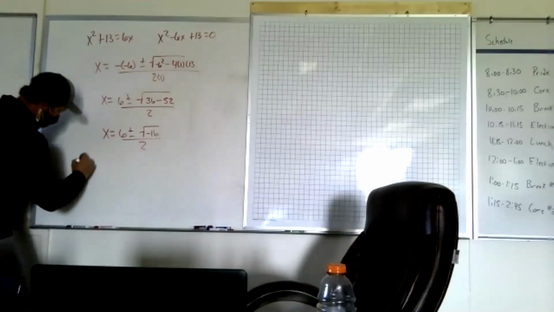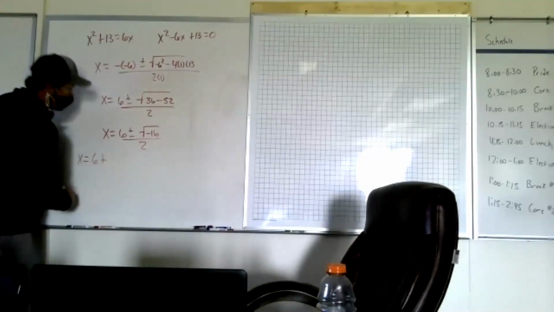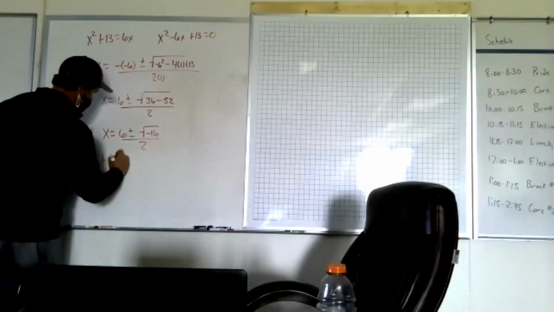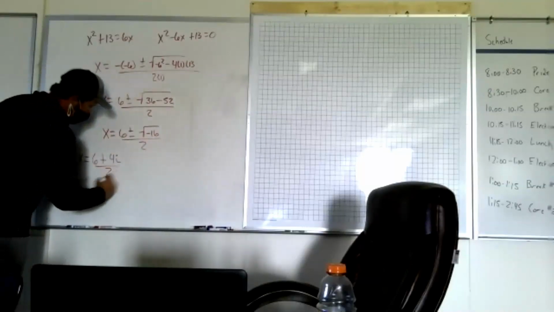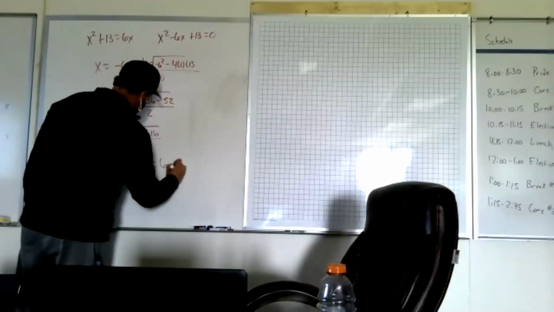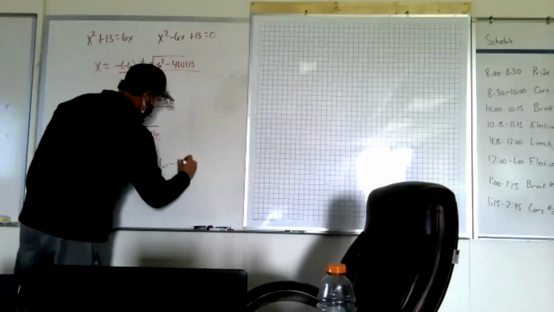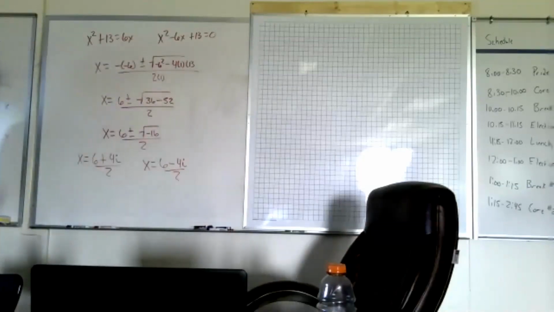So split it. x is equal to 6 plus 4i, the square root of negative 16 is 4i, over 2. And x is equal to 6 minus 4i over 2. I can split those and solve.